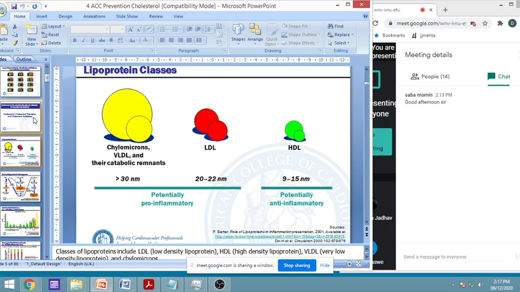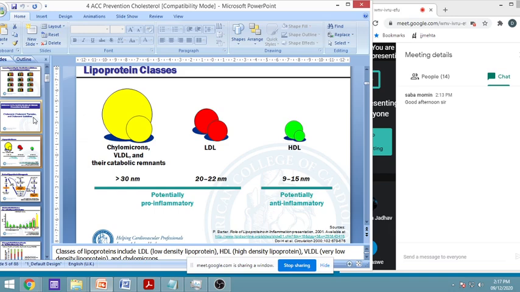Density wise you can understand, density is low, therefore their volume is more. Very low density will have higher volume, and HDL, high density, will have the lowest volume because it is dense.